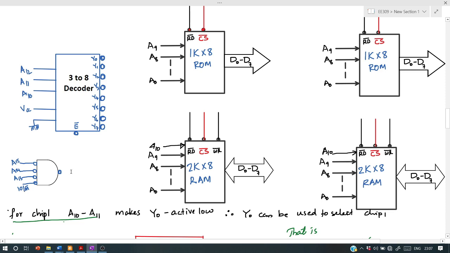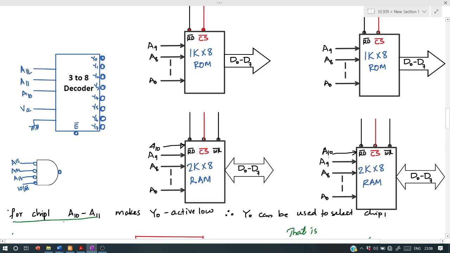So in order to obtain this active low signal by means of NAND logic, here we need to complement each of these signals just before NANDing them, so that we can obtain an active low signal at the output of this NAND gate, so that we can enable this decoder IC.